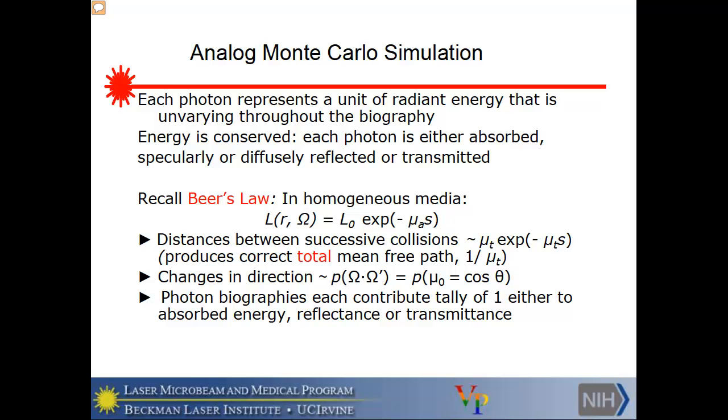So either the photon is absorbed ultimately, it's specularly or diffusely reflected, or it's transmitted. Those are the possible fates of each photon in an analog simulation. So each photon counts a weight of 1. Either it adds to the absorption data, it adds to the reflection data, or the transmission data. That means that it's generating binomial distributions statistically, ones and zeros.